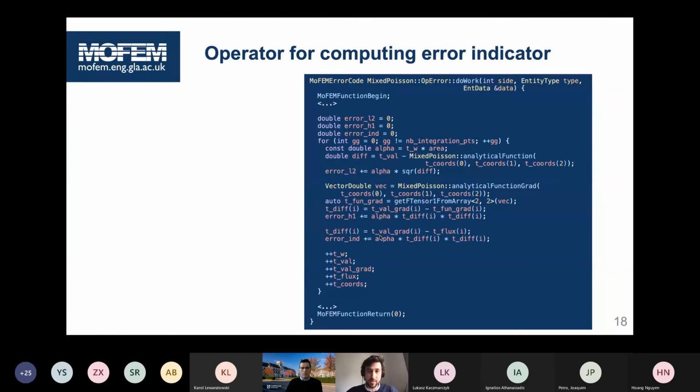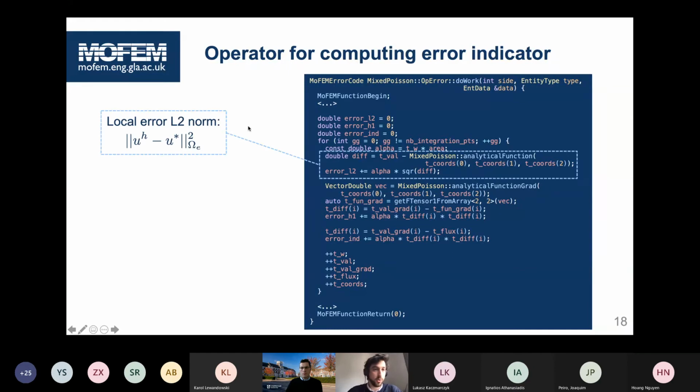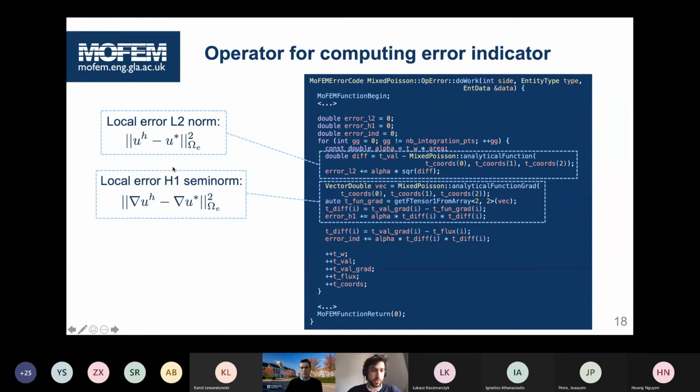And basically what is happening in this operator, just a reminder, this operator will be executed for every single quad element in our mesh. What we basically do here is we loop through the integration points, integrating the local error, knowing the analytical solution. And then we would also look into the semi-norm of the error.